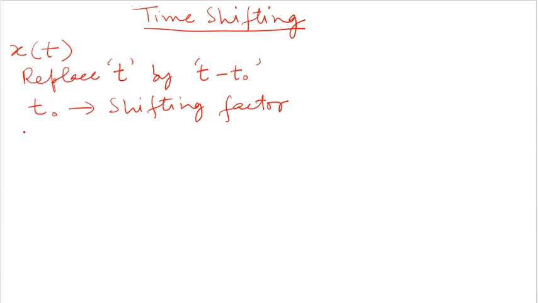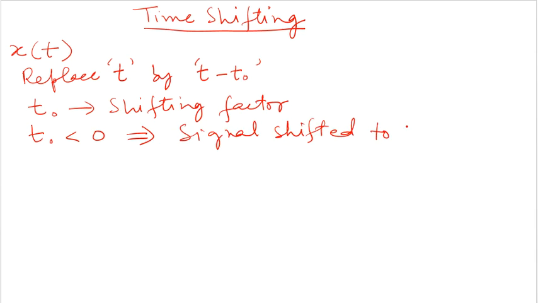If t naught is less than 0, that means the signal is shifted to the left.